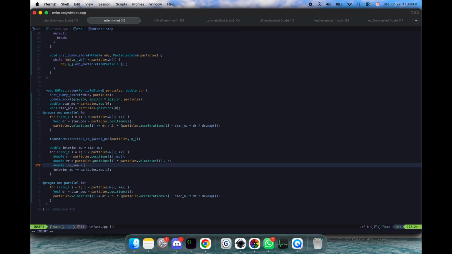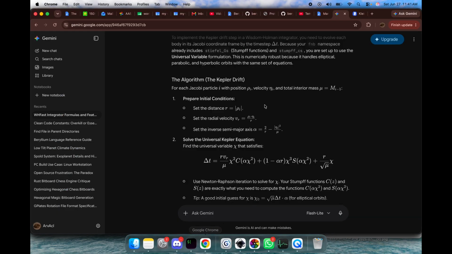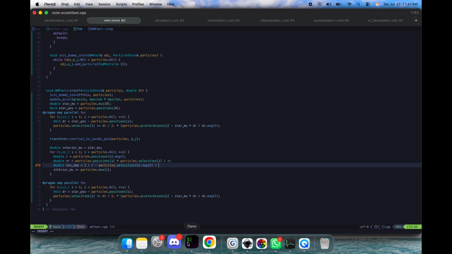Double inverse SMA should equal 2 divided by R minus the square magnitude of particles velocities index i, and then we divide the whole thing by mu, which is the total interior mass, interior mu.